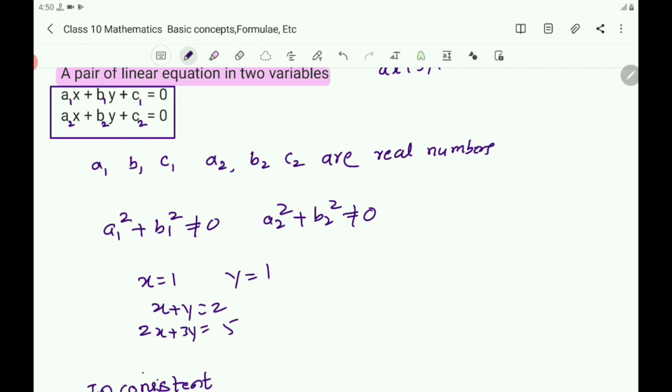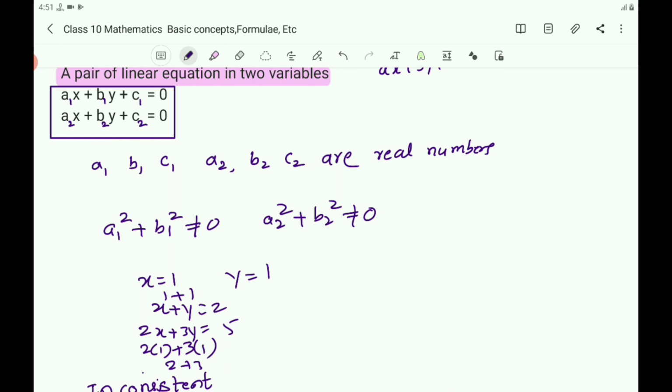Observe here, 1 plus 1 becomes 2, and 2 into 1 plus 3 into 1, that is 2 plus 3, becomes 5. So LHS and RHS become equal. So x equals 1 and y equals 1 is a solution.